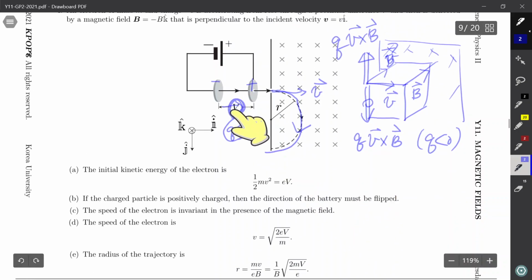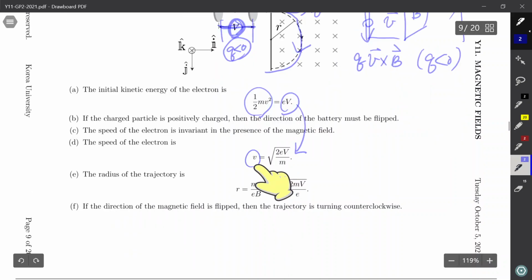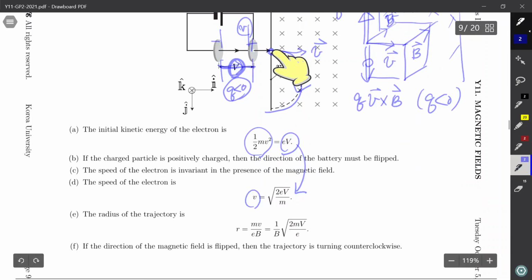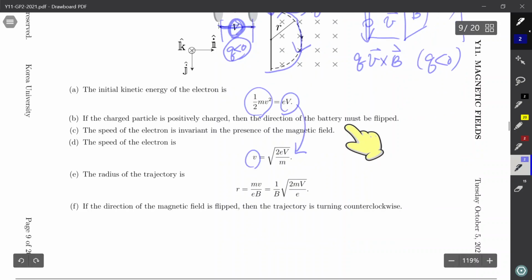This potential gives a kinetic energy from rest to V. So the kinetic energy is the potential energy gained between the two plates. Because of this, the speed of the electron, the negatively charged particle, when it enters the magnetic field can be computed in this way.